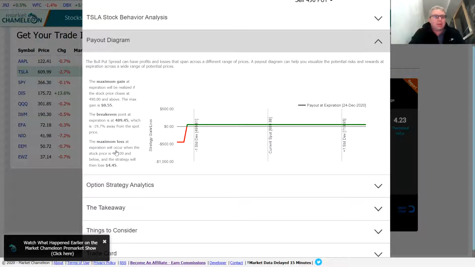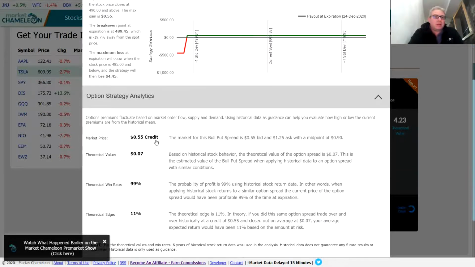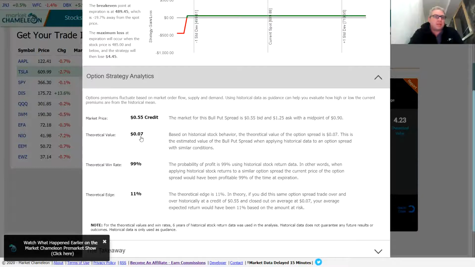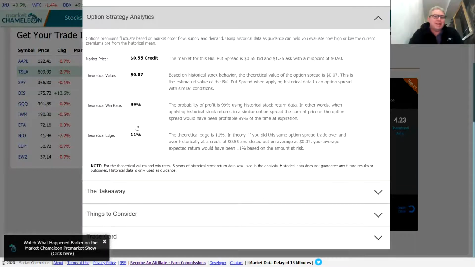Maximum loss at expiration will occur when stock price is 485 and below. 485 and below, and the strategy will then lose $445. If you look at other stuff, we got $55 credit instead of $7, 99% win ratio. What else do you want?